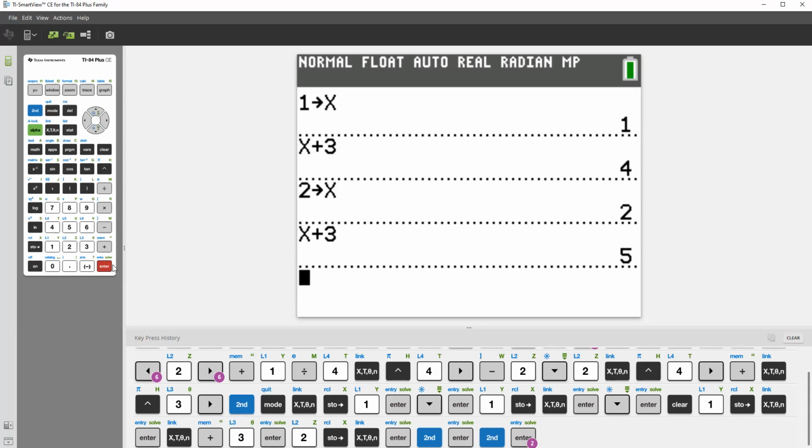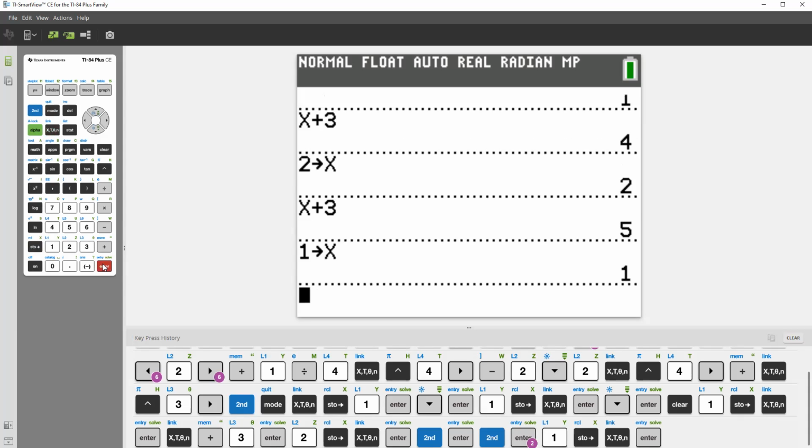All right, so I want to go back to 1 store for X. Now we want to tell it to do X minus, and then I have to tell it what I put in for f of X. I put that into Y1.